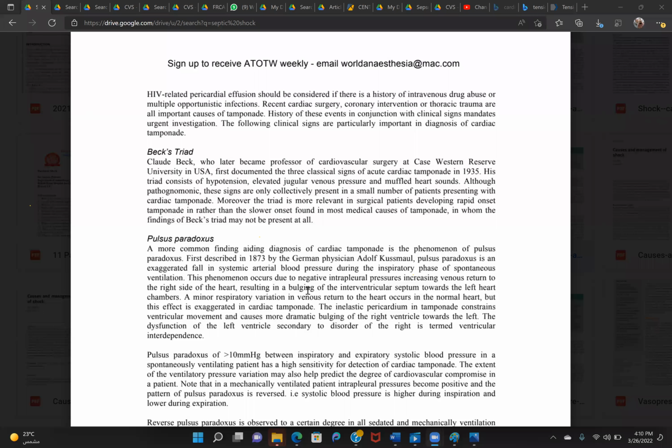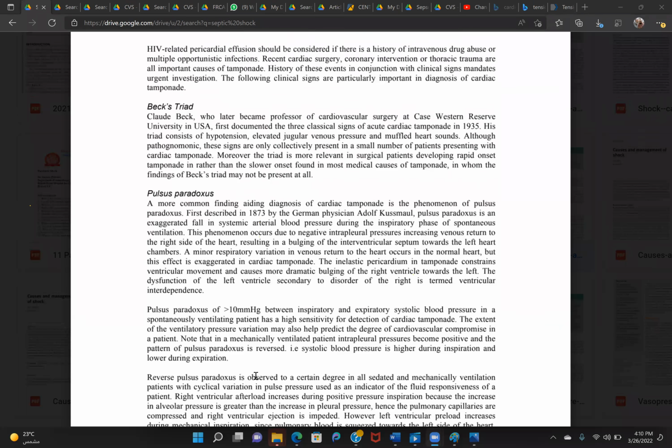Up to 10 millimeters of mercury is normal because of the physical principles occurring: there is negative pressure and increased venous return in inspiration, and decreased venous return in expiration. So it is the normal respiratory variability. If the degree is increased, more than 10 millimeters, then they say it is pulsus paradoxus.